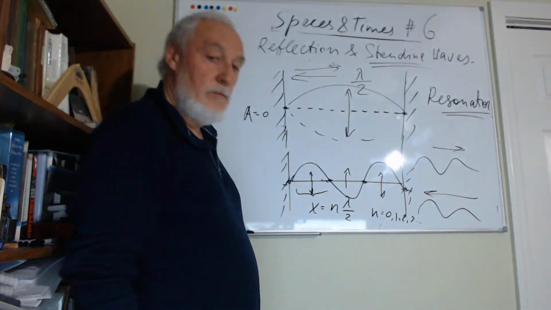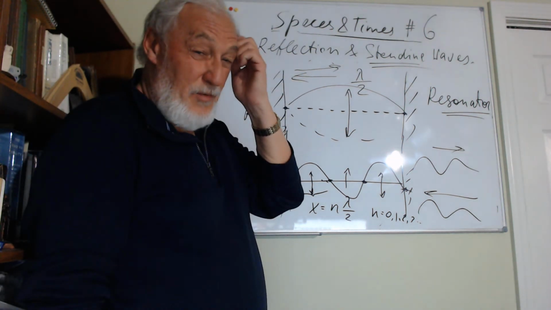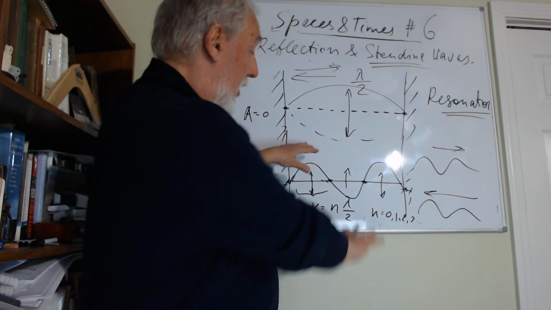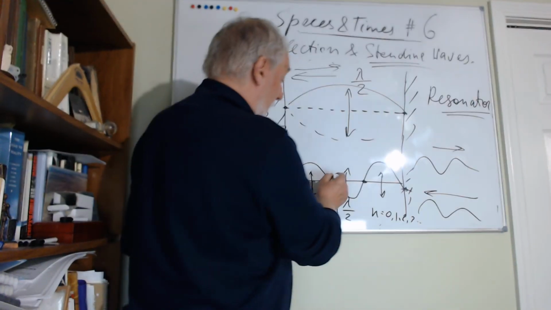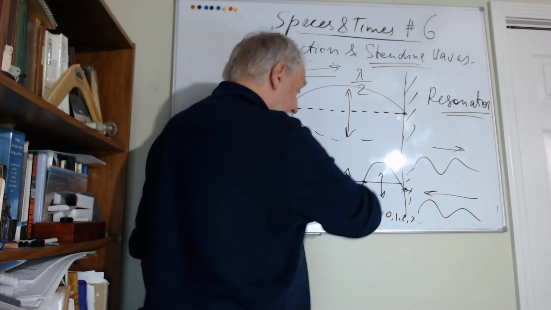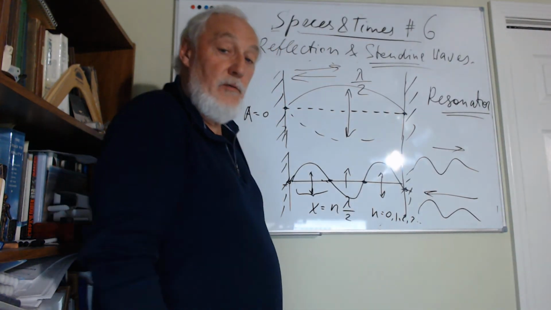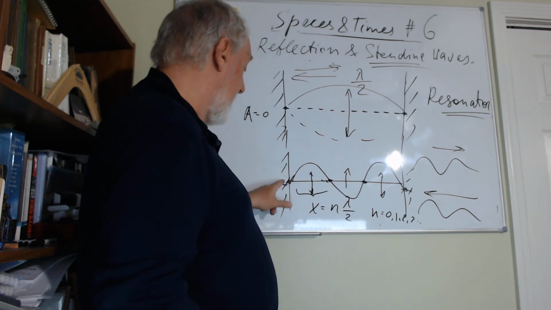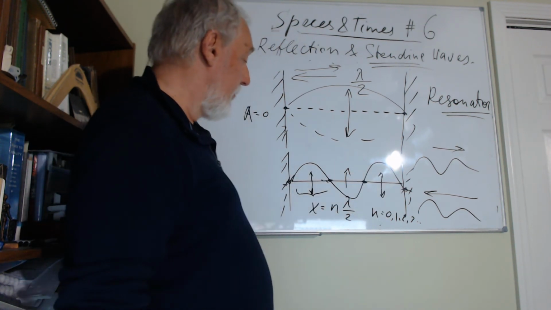You may look at them if you have a guitar. Interesting enough, you can put your fingers here and here, so fix these points, and still the standing wave will be doing fine, because the same thing happens here as happens on these walls.